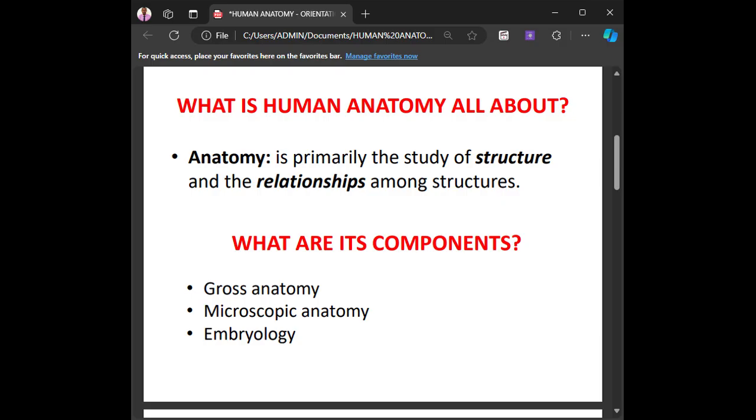Then you have what we call microscopic anatomy, sometimes referred to as histology. This component has to do with structures that you cannot see with your naked eyes, hence the word microscopic, from the word microscope.